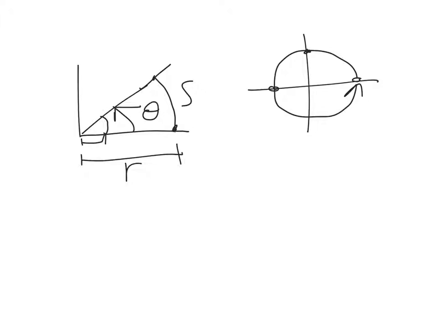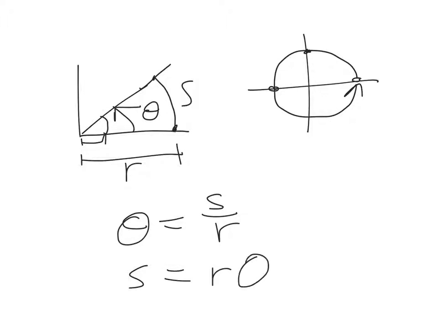So we will say that theta is equal to the arc length divided by the radius. So the longer the length, the longer the radius, but that ratio is equal to the theta there. And if we rearrange this, we get the arc length is equal to the radius times the angle. The angles are not changing for each of those radii for a given theta, but the r is getting larger.